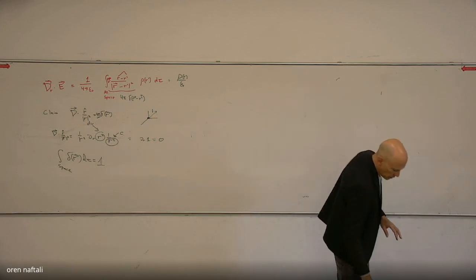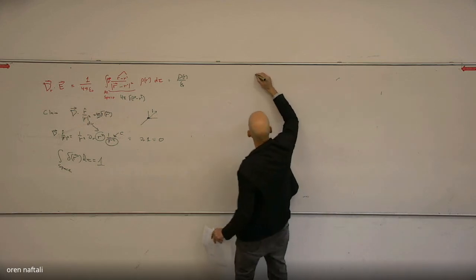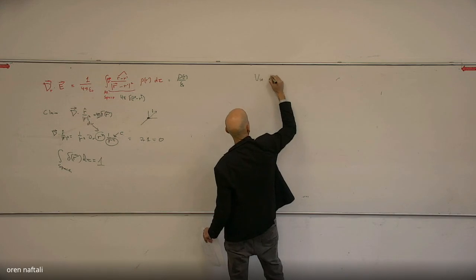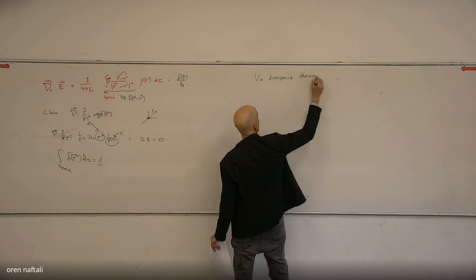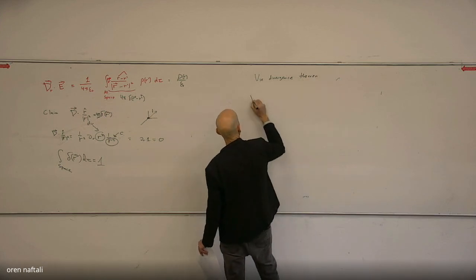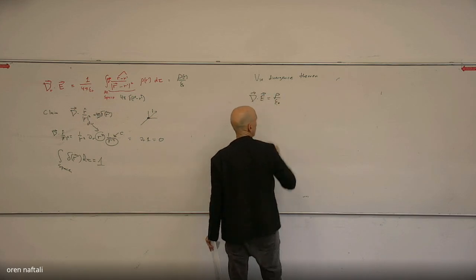And the idea is, again, to use the divergence theorem, as we just did now. We have the divergence of E equal to rho over epsilon 0.